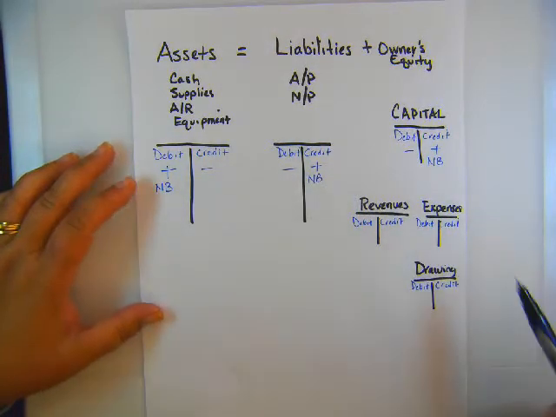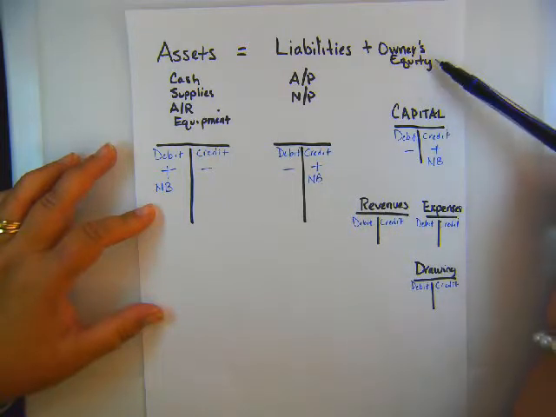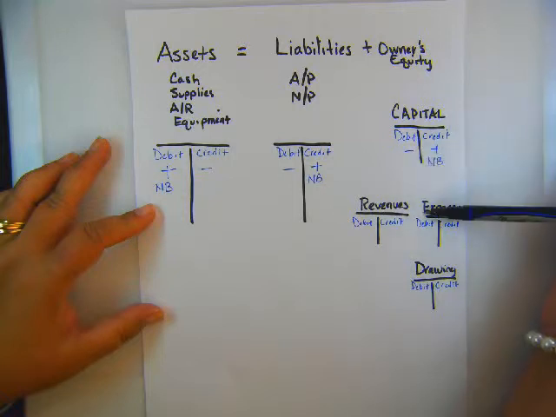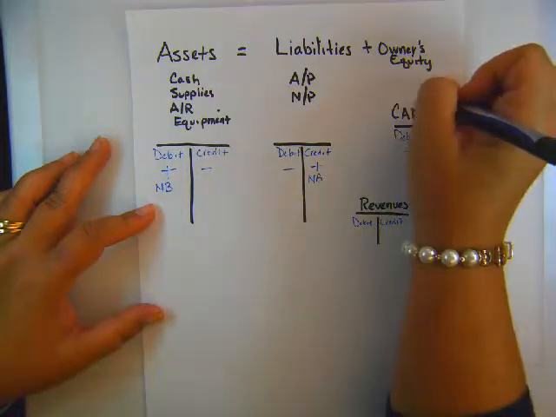So that's the basics. Now, we have these accounts that we originally learned were a part of equity. And they are a part of equity, but we're going to find that they feed into our capital account. So for my classes, I teach the happy face, sad face method to help you remember how they function.